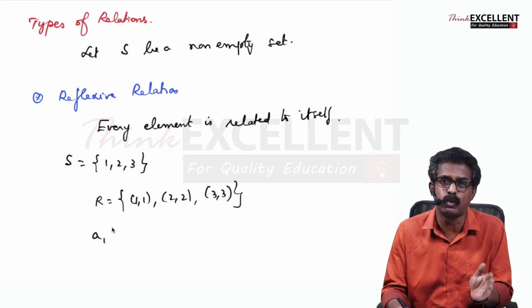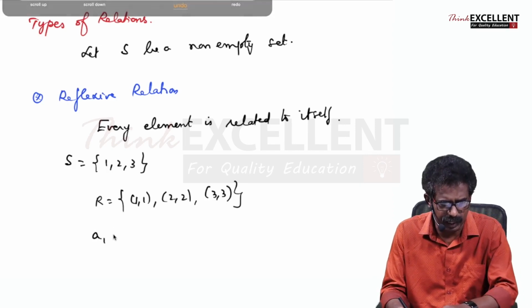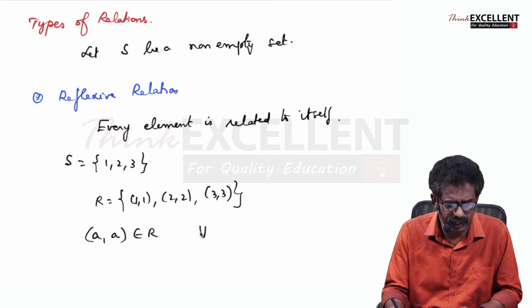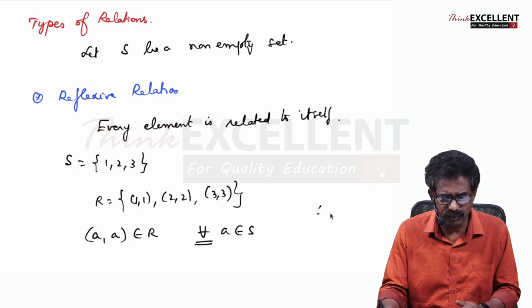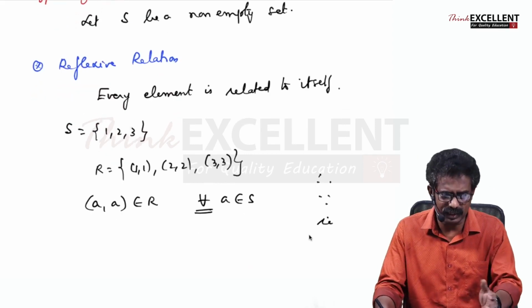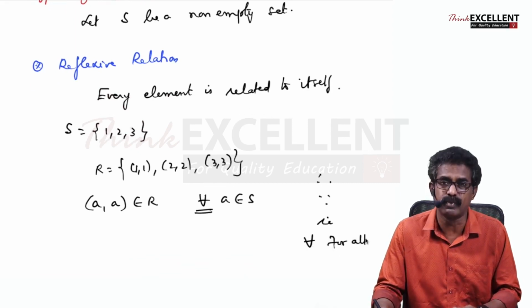So you can write like this. In general, we can't write one by one like this. So (A, A) belongs to R, for every A belongs to S. This is the symbol for every; there are also symbols for therefore, since, that is. When you go for higher classes, these are some symbols. This is for all or for every.